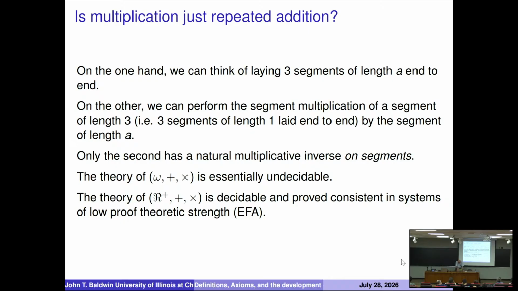So you have to have made the definition of some sort, actually getting the field, in order to make sense of this. And just a reminder that arithmetic is essentially undecidable while geometry is decidable.